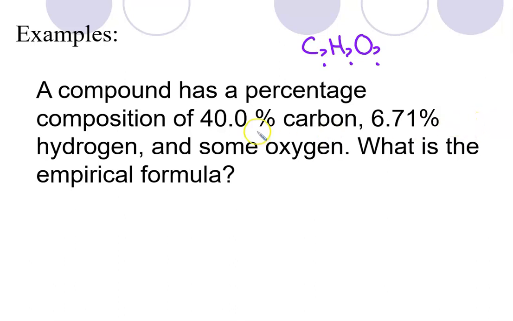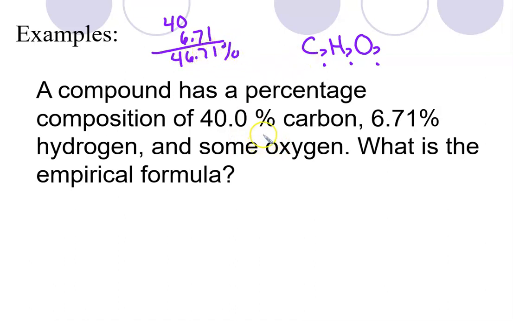So I know that 40% of it is carbon and 6.71% of it is hydrogen, and some other part of it is oxygen. And I could figure out how much of it is oxygen because I can add my percentages together and subtract them from 100. For example, 40 and 6.71, I know that the carbon and hydrogen are 46.71% of that.